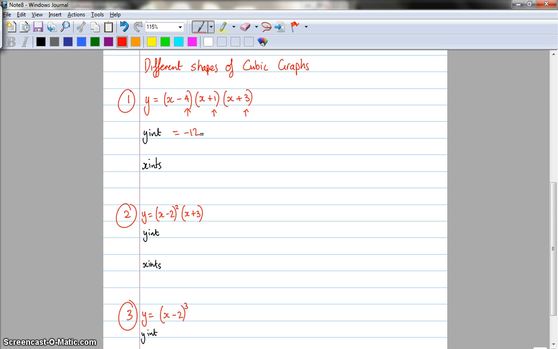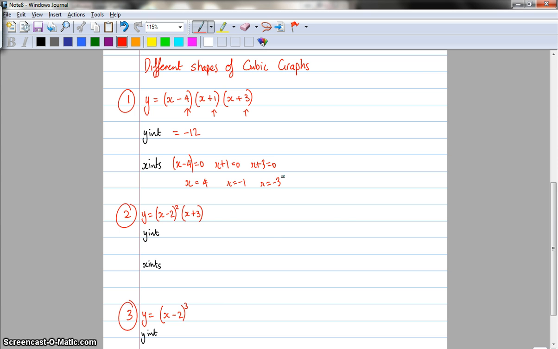Now the x-intercepts, again for the sake of space, actually I will do these all throughout. I'll go that x minus 4 equals 0, x plus 1 equals 0, x plus 3 equals 0. So x should equal 4, x equals negative 1, and x equals negative 3.